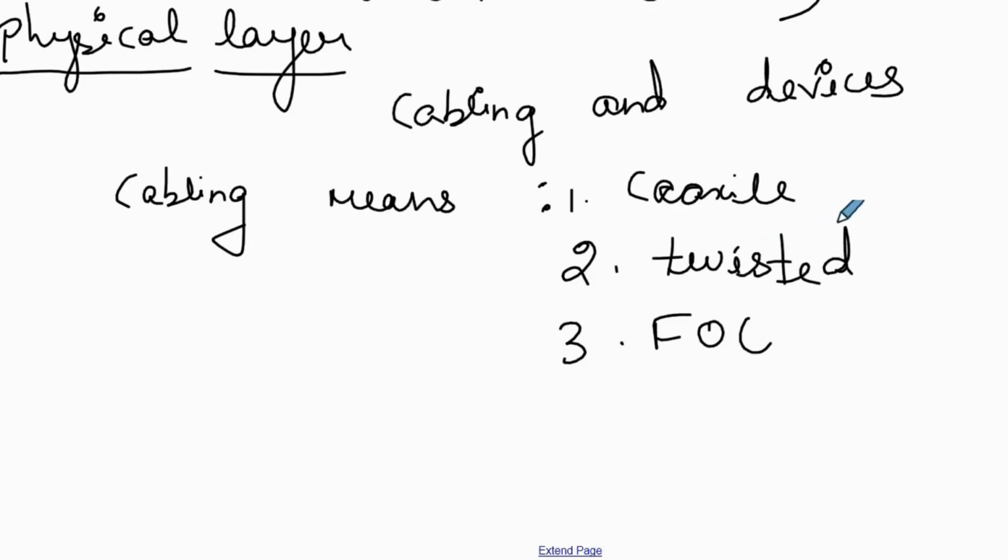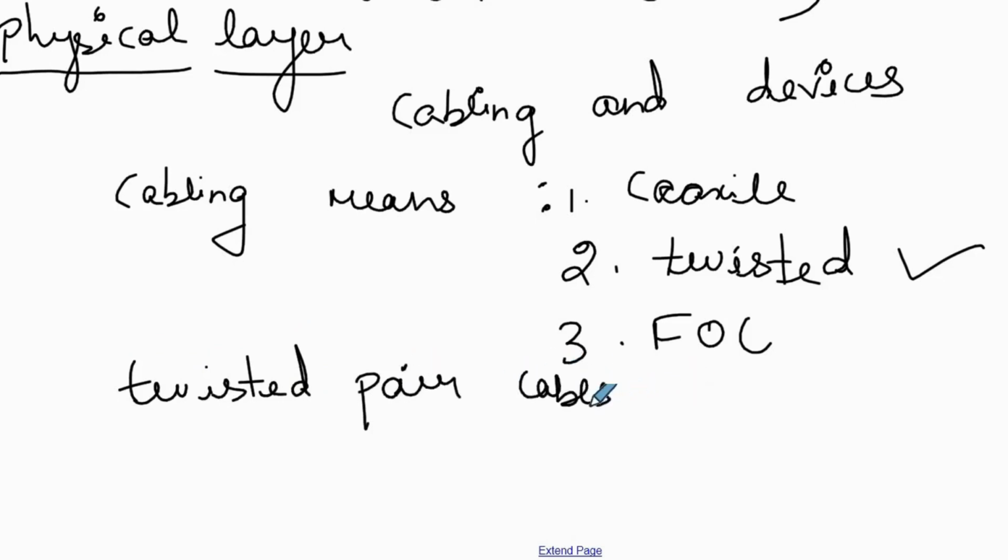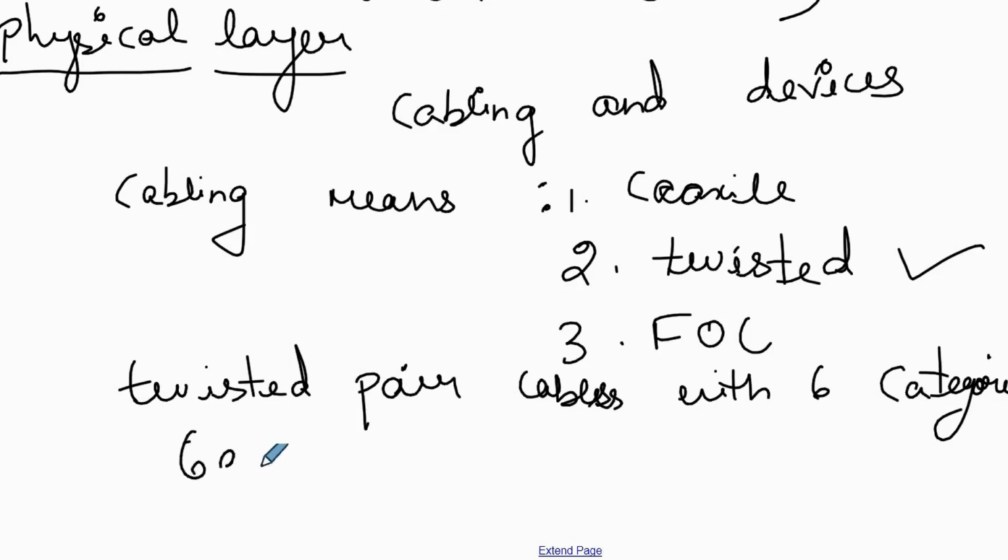The most common cable we are using is twisted pair cable. Twisted pair cables come in categories, with category 6, 6A and 7 supporting speeds up to 10 Gbps.